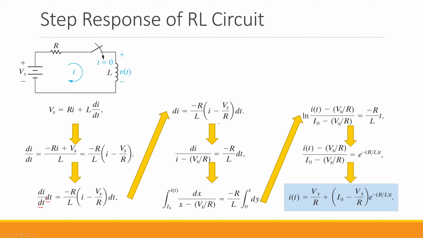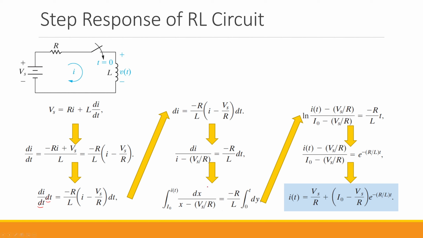The last step before doing the integral is to divide both sides by I minus Vs over R. On the left side, we are left with di over I minus Vs over R. And on the right side, we have minus R over L multiplied by dt. As you can see, on the left side we only have the current now, and on the right side we only have the time.